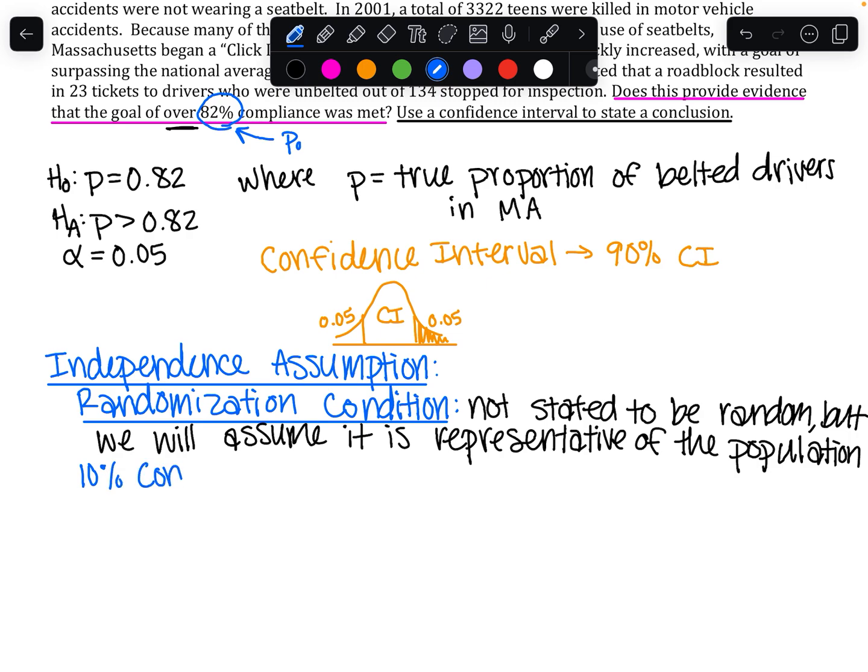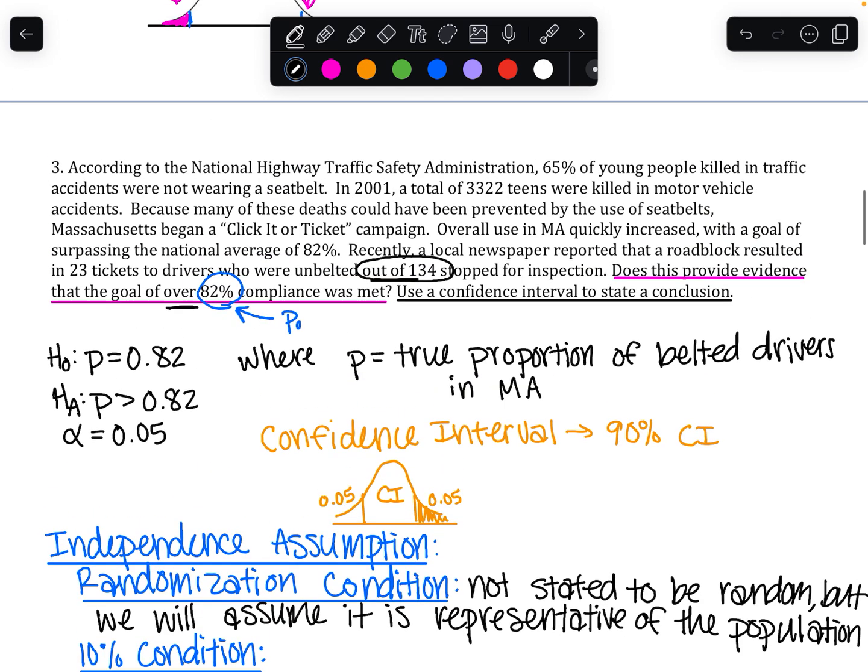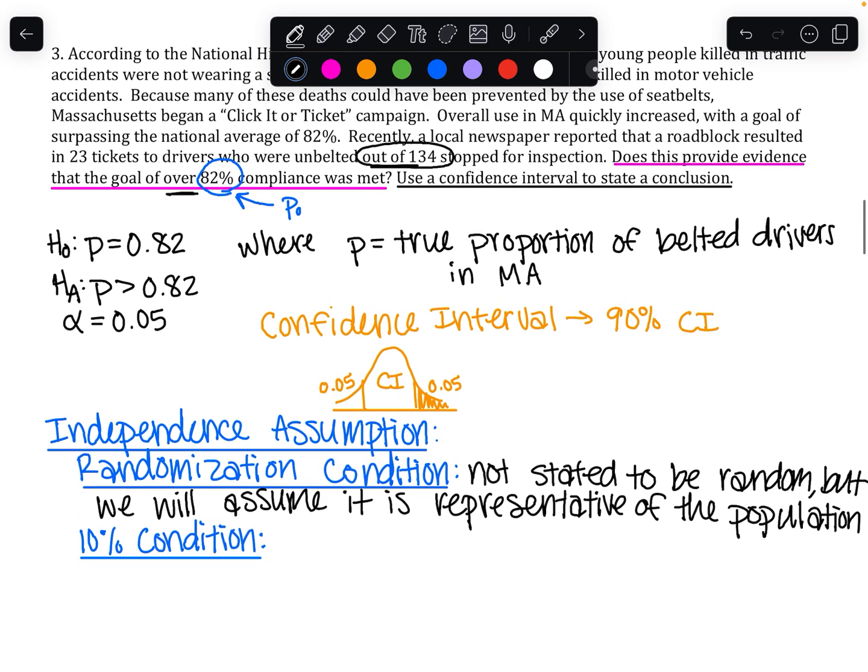Next is the 10% condition. What is our sample size? Be careful. It says, recently a local newspaper reported that a roadblock resulted in 23 tickets to drivers who were unbelted out of 134. That's the sample size. These things that they told me at the beginning, I don't care about them. That's extra background information I don't need, okay?